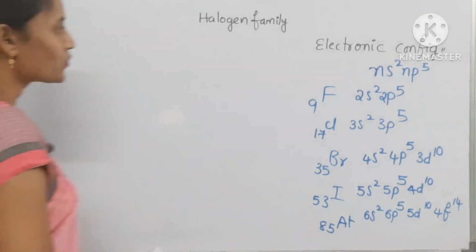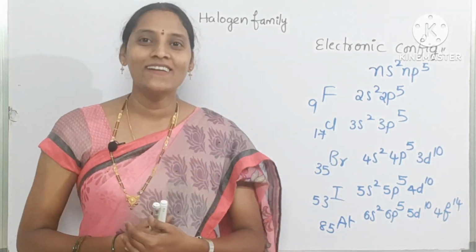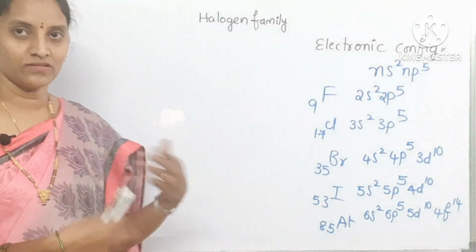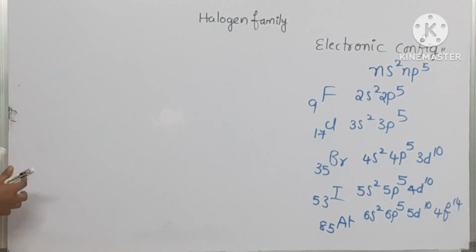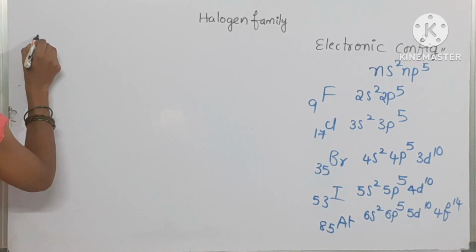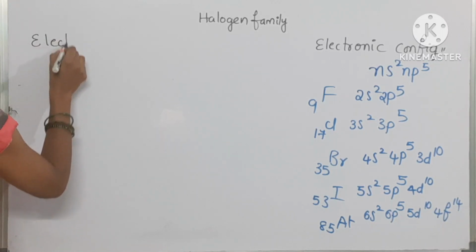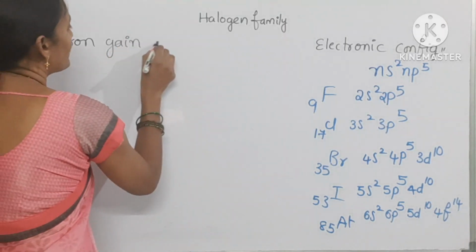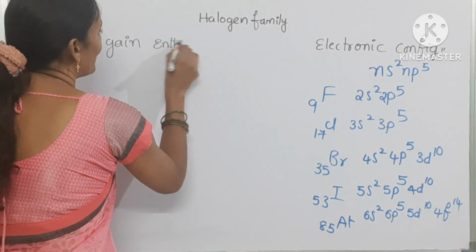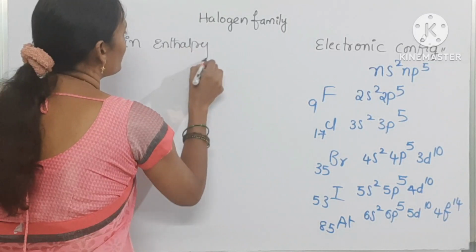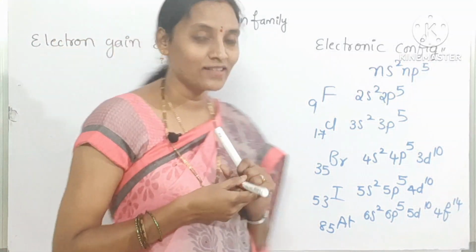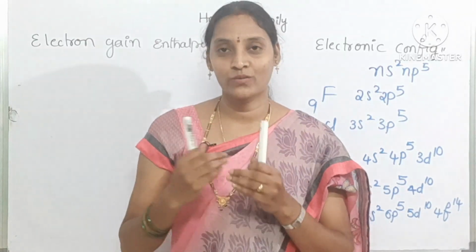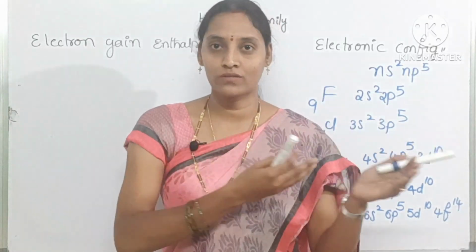Yes, my dears, next one is electron gain enthalpy. I don't want to rub this because it is useful to apply all these properties. Electron gain enthalpy does not follow the same trend as when you observe the remaining groups.